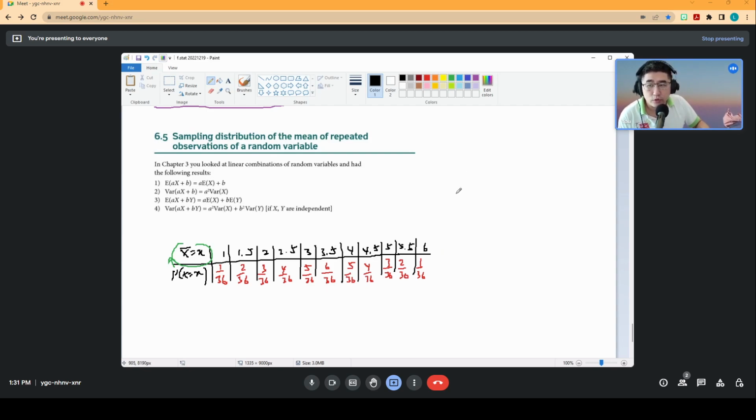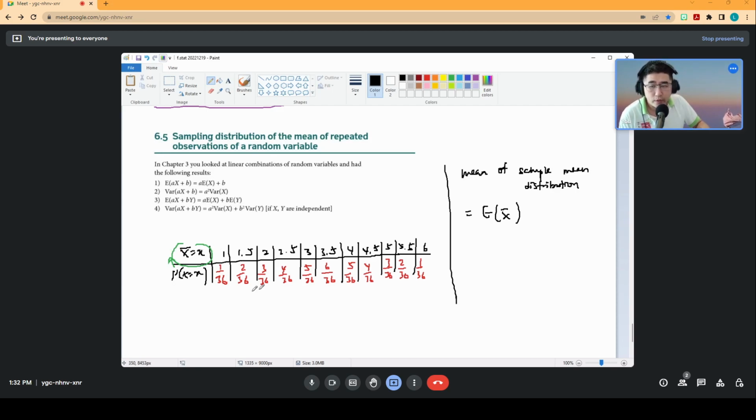My objective right now is to find the mean value. So, the mean of the sample mean distribution. In other words, it is the expected value of bar x, the bar x that we have here.